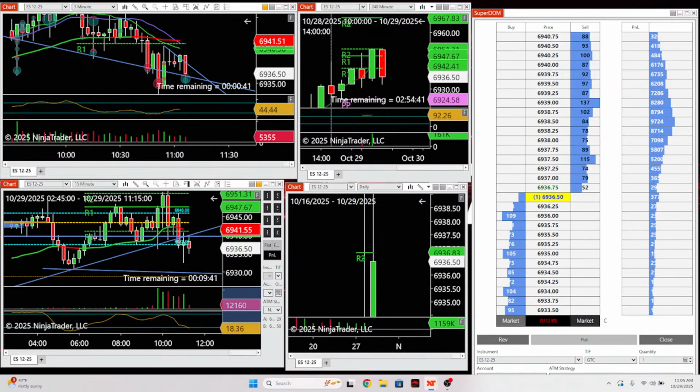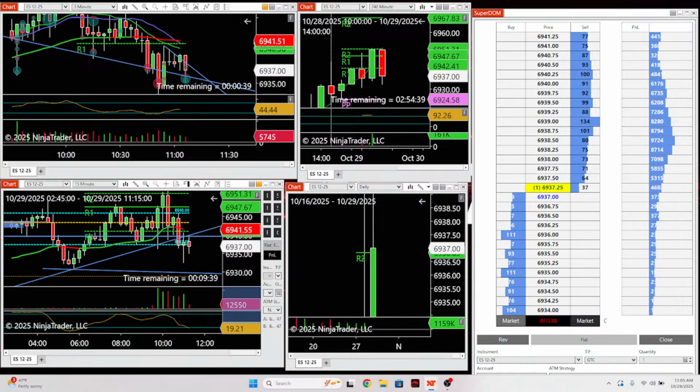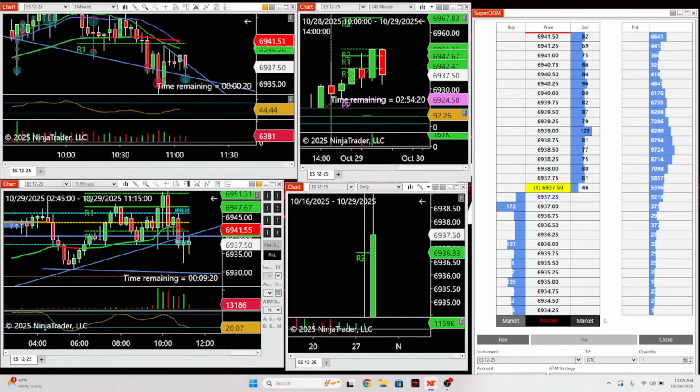Open 30. The previous day's close is 25. Or are we just sweeping liquidity, where we can get down here for a push higher, back over 50?